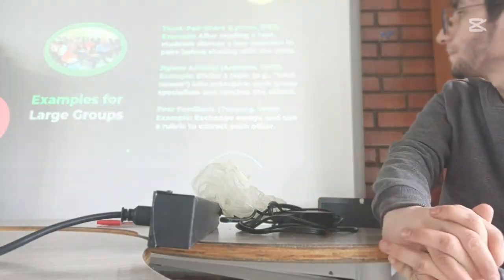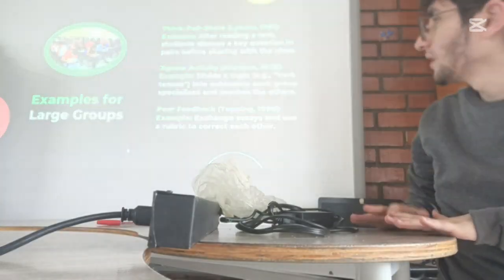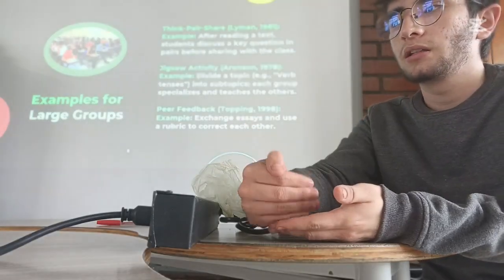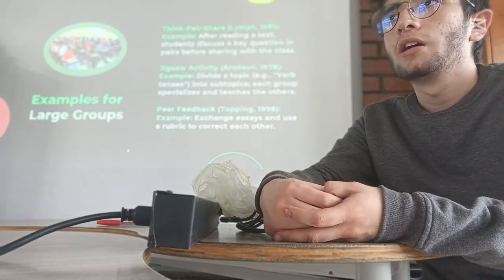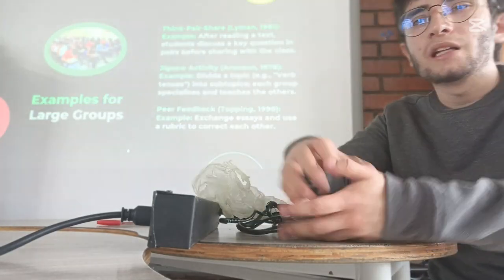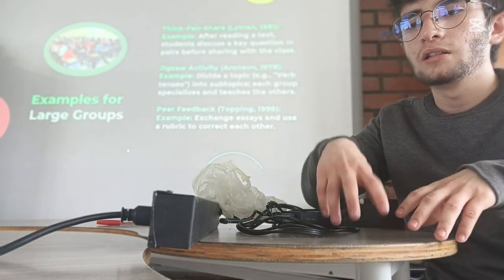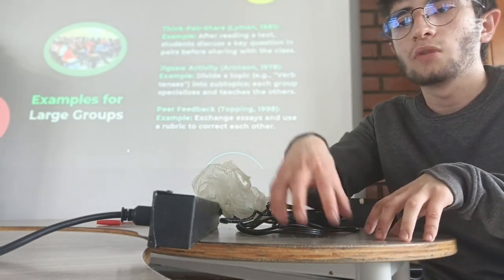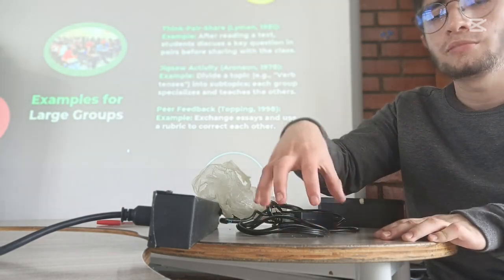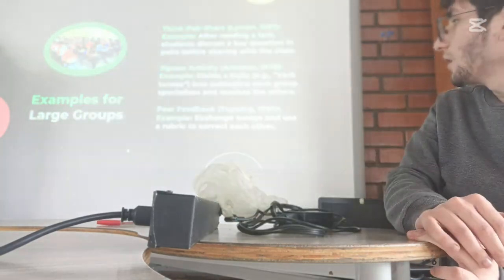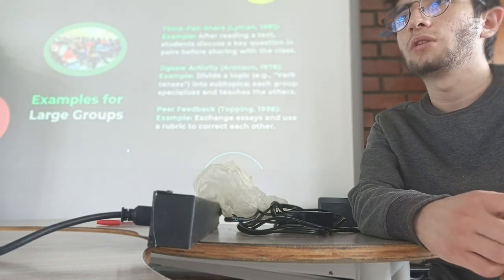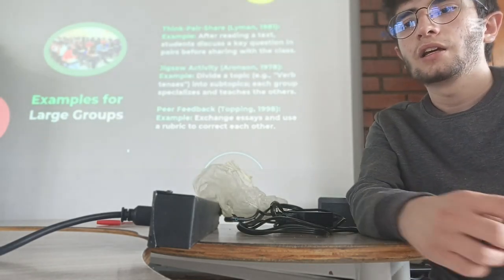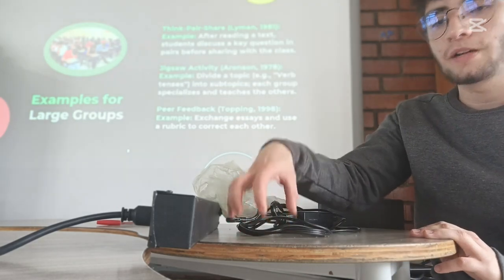Then the jigsaw activity, where the teacher divides the main topic, and students have to take one of those topics and explain it to their class. And peer feedback, like what we did in this class, giving feedback for the process together.